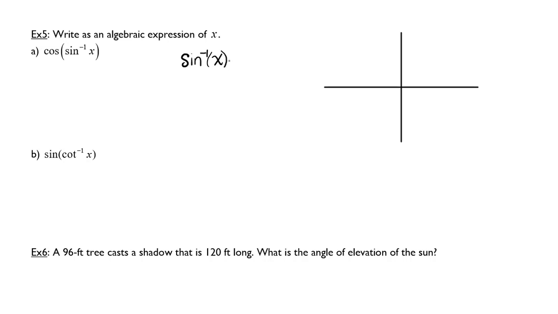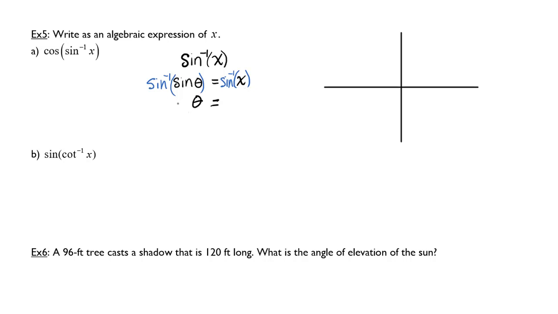is saying that if I have sine of theta equals x, then I can take the sine inverse of both sides and solve for theta. So this is saying that theta is equal to the sine inverse of x.